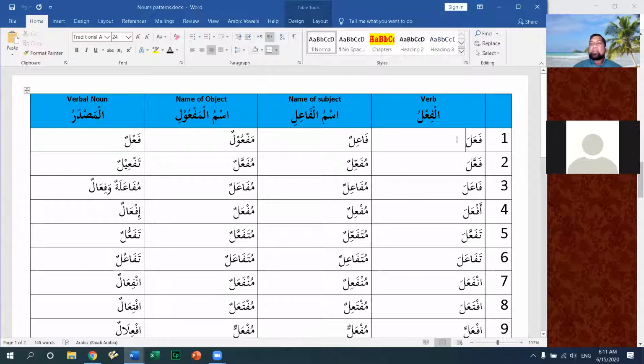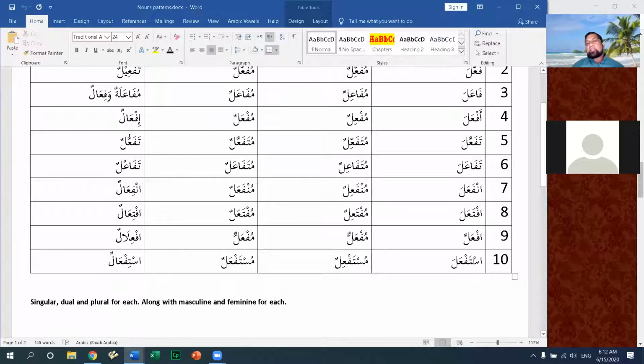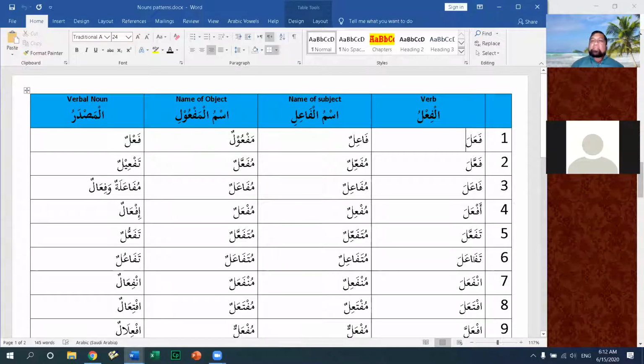So normally when we use the verb, we look at the third person singular masculine as the source, fa'ala, as the original form of the verb. And based on that, we conjugate the verbs. So here we just have the singular masculine, third person past tense form of the verb, fa'ala, fa'ala, fa'ala, and so on.